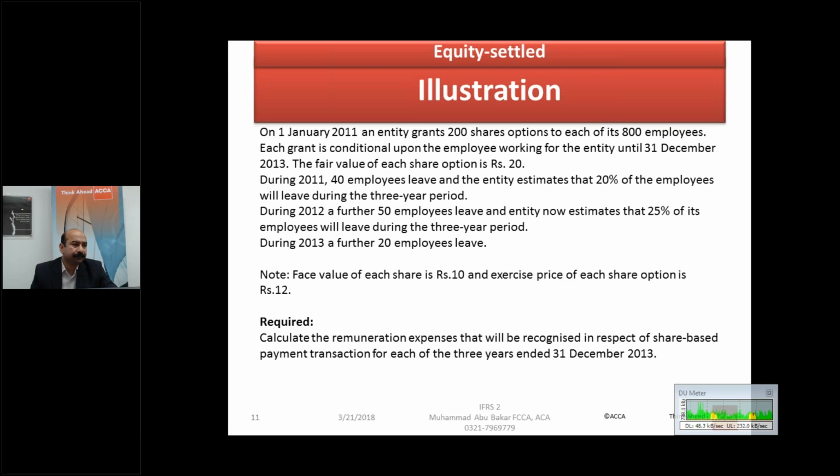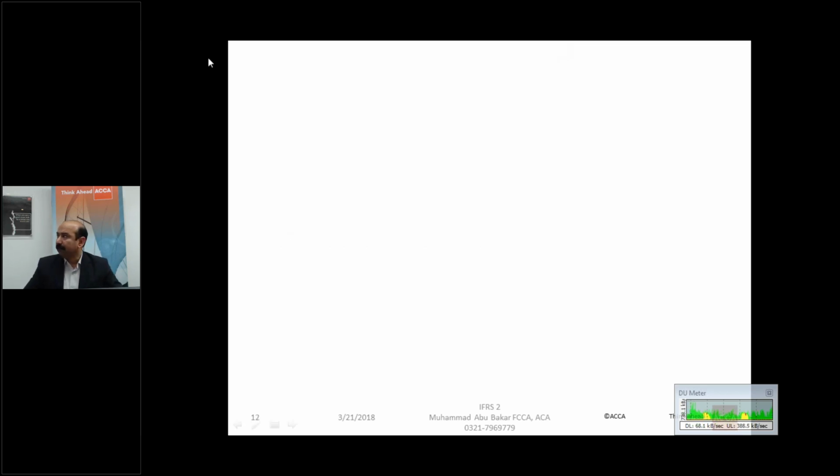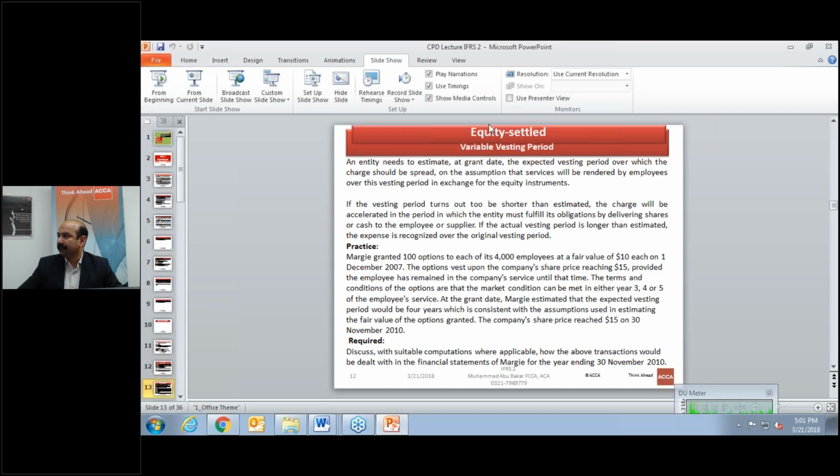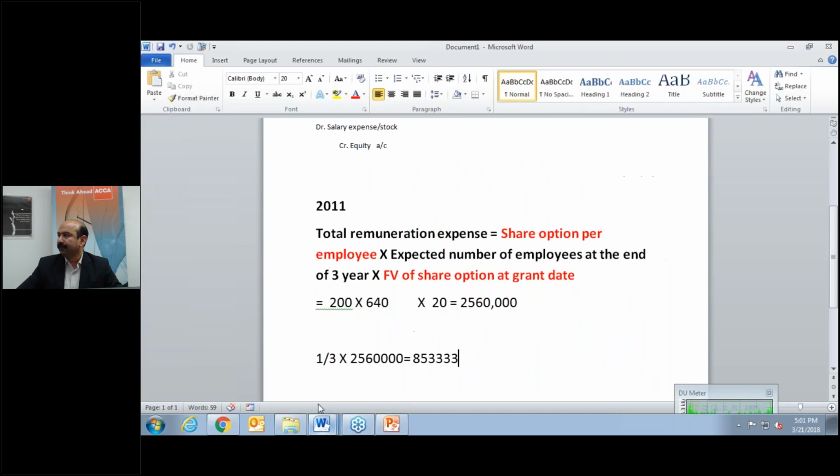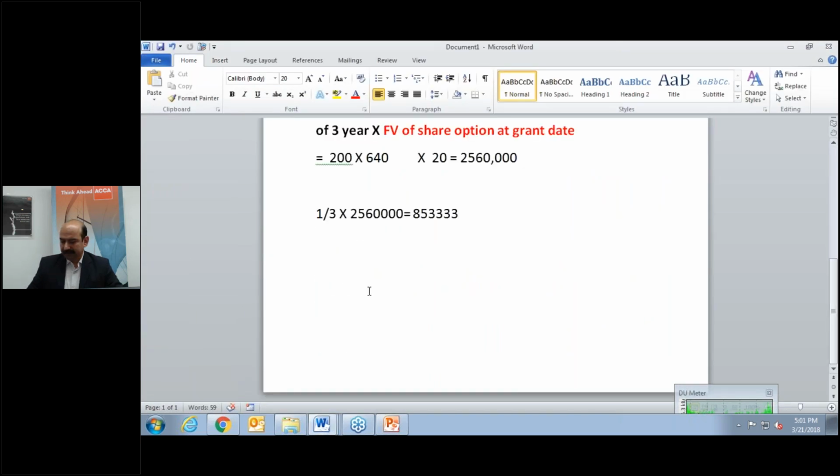Next. Inzam asks, in the same illustration for years 2012 and 13, the salary expense, should we show them payable or not? Yes, we are coming to the next year, and that is over here. So this is 2011. Now move to 2012.